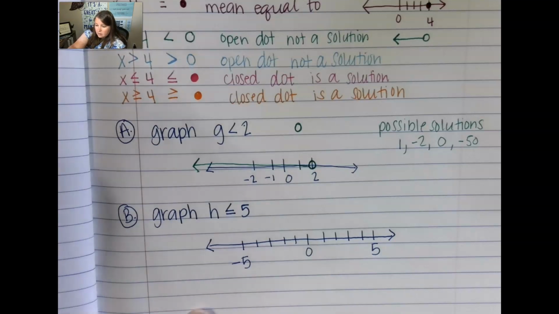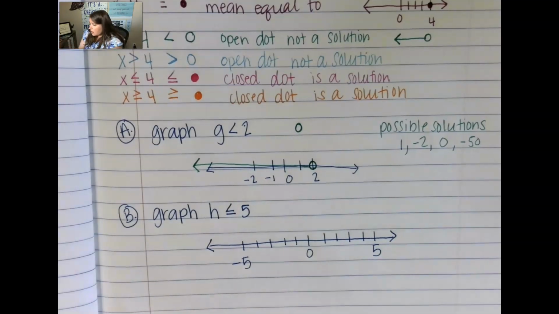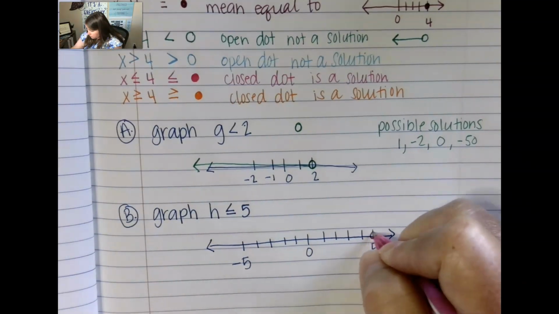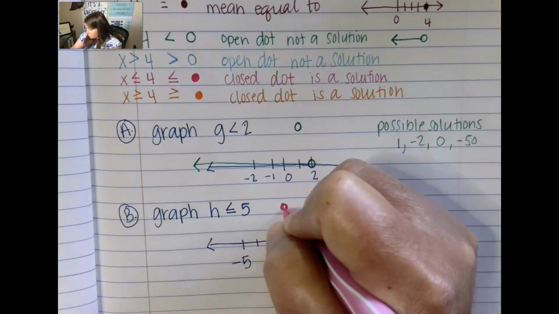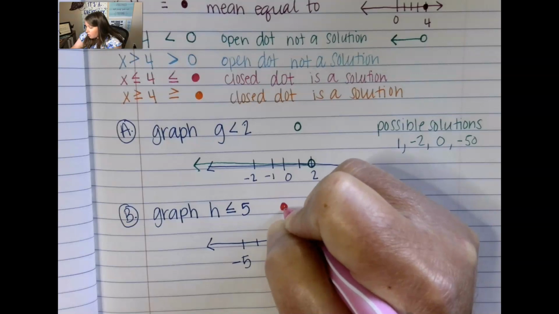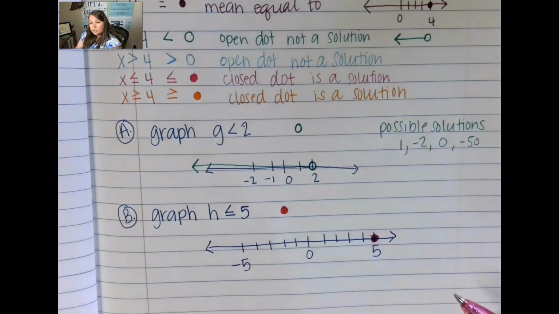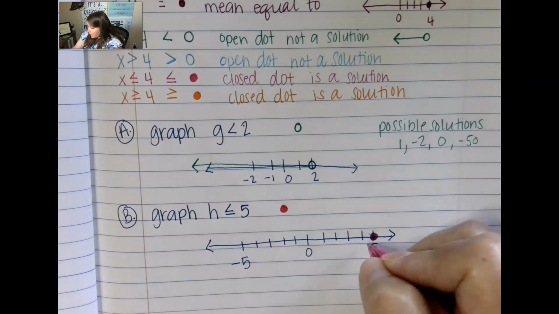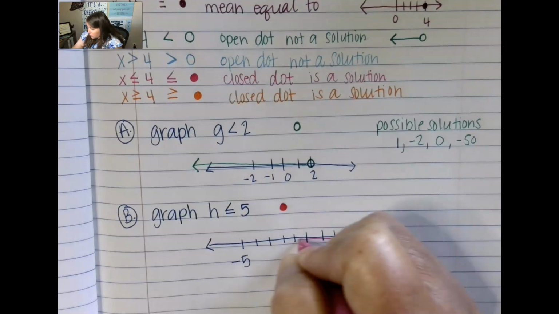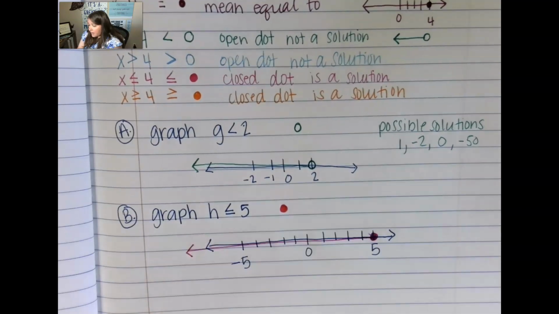So I'm going to get a closed dot on the 5. So I'm using a closed dot. And all the other solutions that it can include are also below 5. It has to be less than 5. So again, I'm going to draw my arrow to include everything that is less than 5.